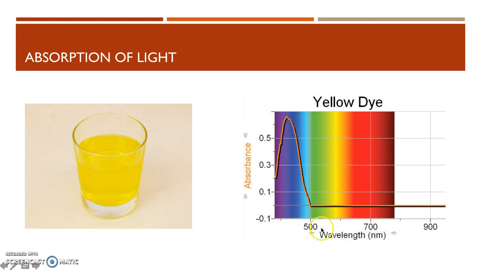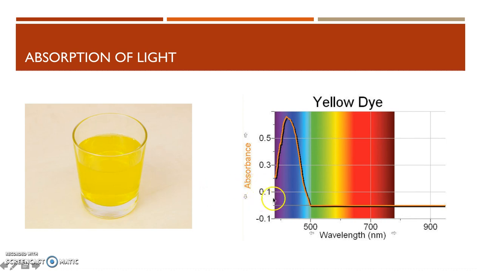You'll notice here on the x-axis we have wavelength increasing to the right, which means energy and frequency are increasing to the left. And on the y-axis we have absorbance, which is a unitless measure of how much light is absorbed in the sample. So the light that comes through, some of it passes through on the other side, but some of it gets absorbed in the sample.